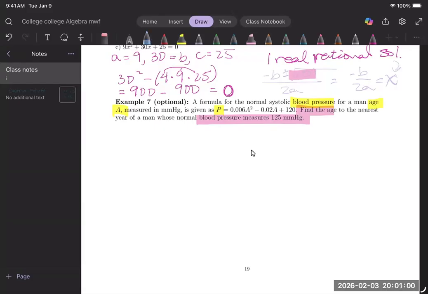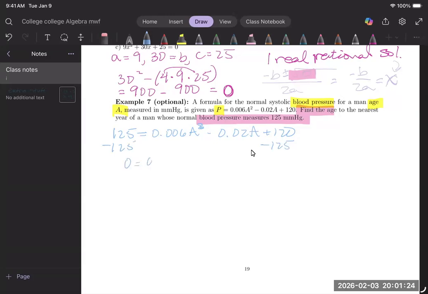All right. So 125 equals 0.006 cap A squared minus 0.02A plus 120. This is a quadratic, and what do we love quadratics equal to? 0. Good. So we're going to subtract the 125 over.